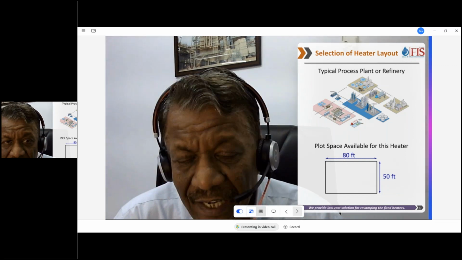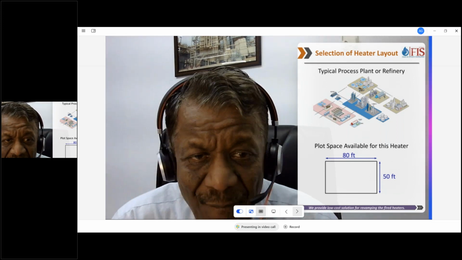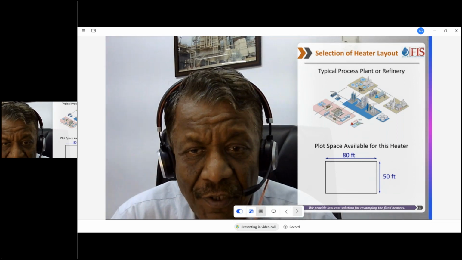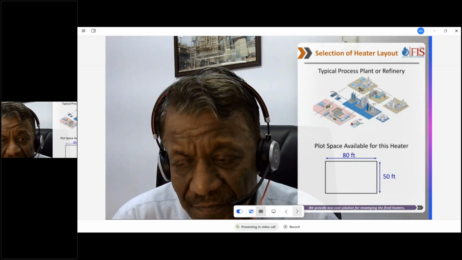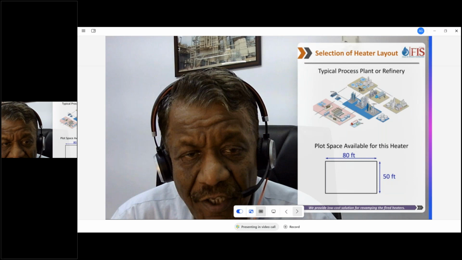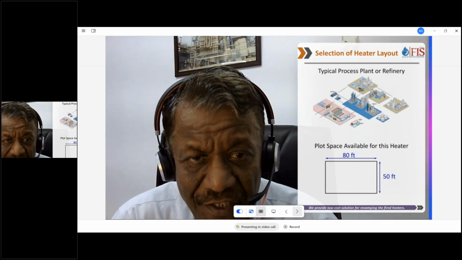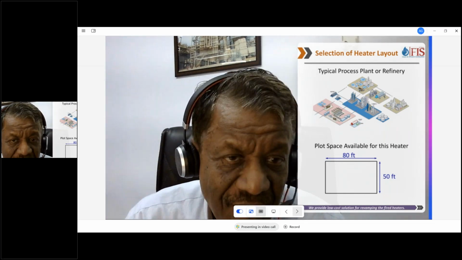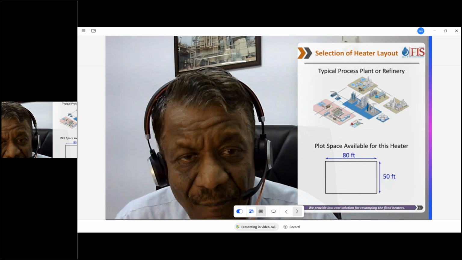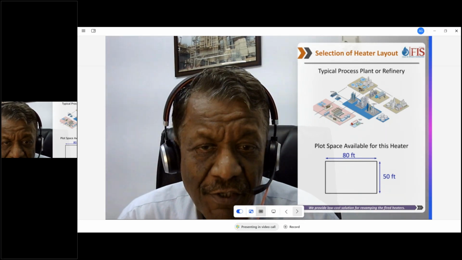And I still want my air preheater. I still want a fuel gas skid in this place. I want an ammonia injection grid skid for the SCR also in this place. So that's all I have. And if you can fit a heater, we want to see how you will design.